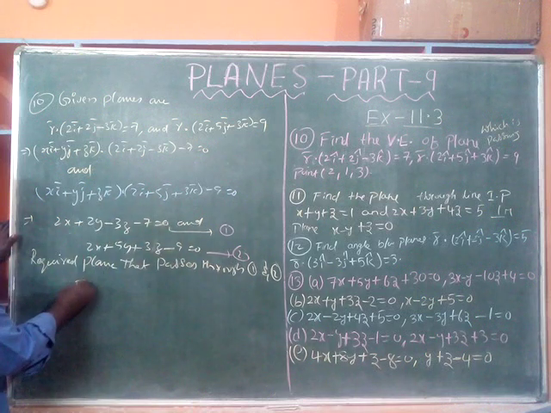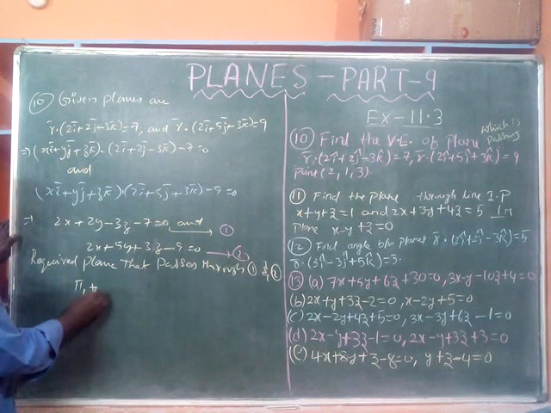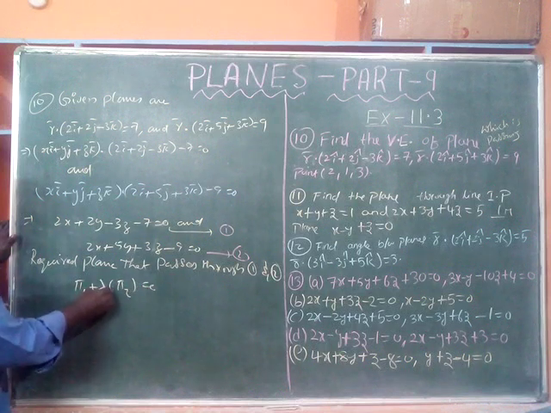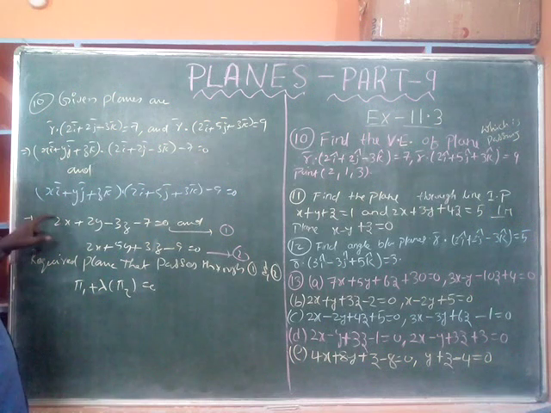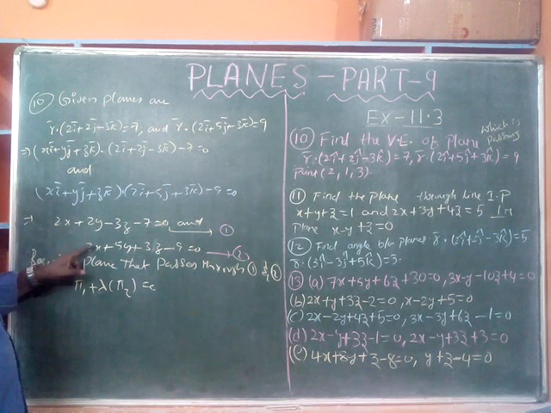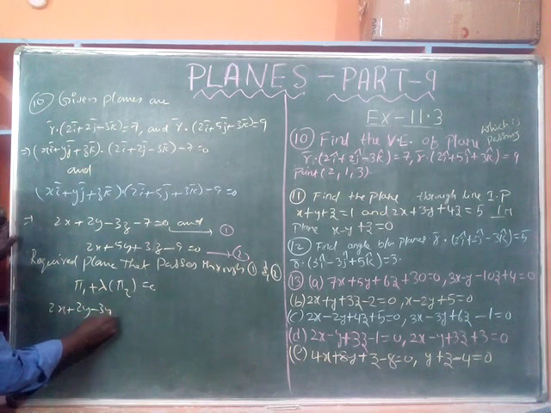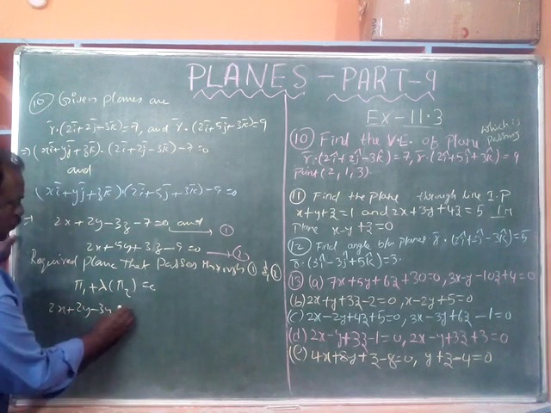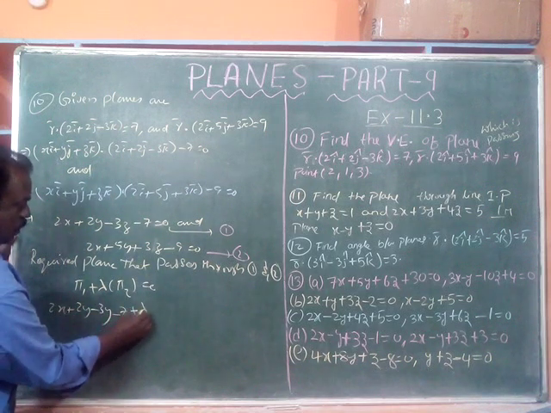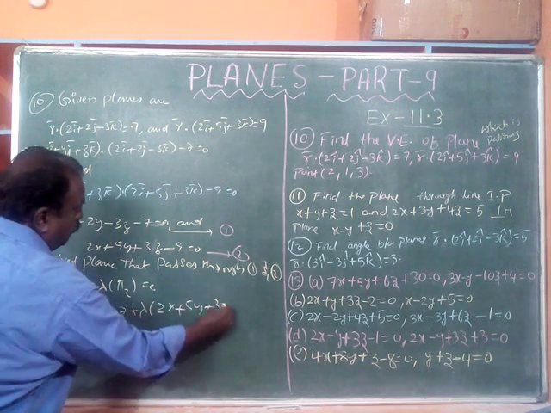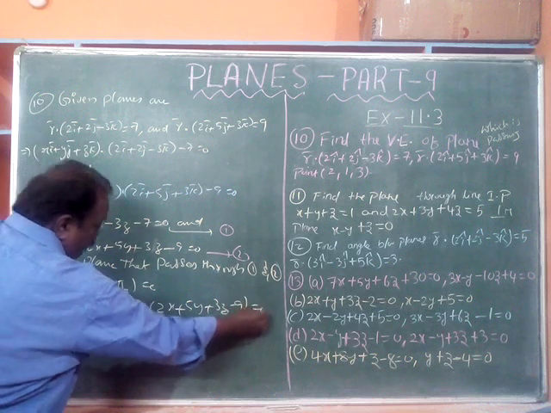To write it shortly, it is first plane plus lambda of second plane is equal to 0. Pi 1 means the first plane, pi 2 is the second plane. So 2x plus 2y minus 3z minus 7 plus lambda of 2x plus 5y plus 3z minus 9 is equal to 0.